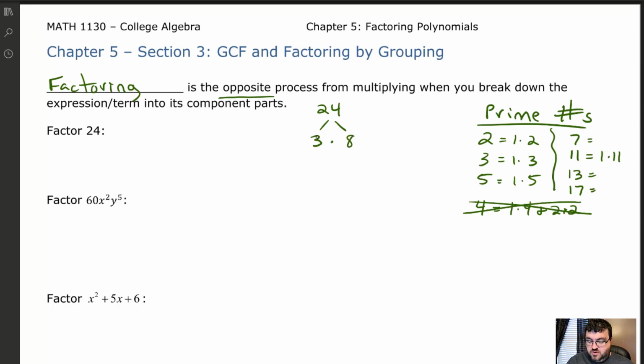So we have one prime number on the outside, but 8 is not prime, because 8 is 1 times 8 and 2 times 4. So there are multiple things you can multiply to get 8. 8 is 2 and 4, and that 2 is a prime number. So I can break 8 down into 2 and 4, which is not prime, but 4 breaks down into 2 2's.